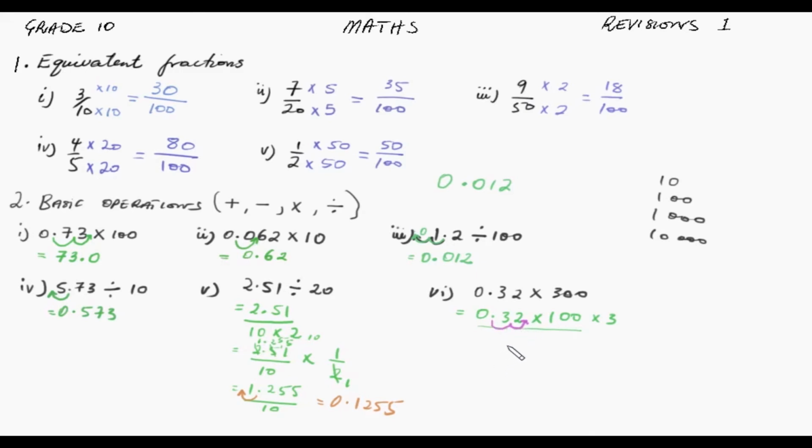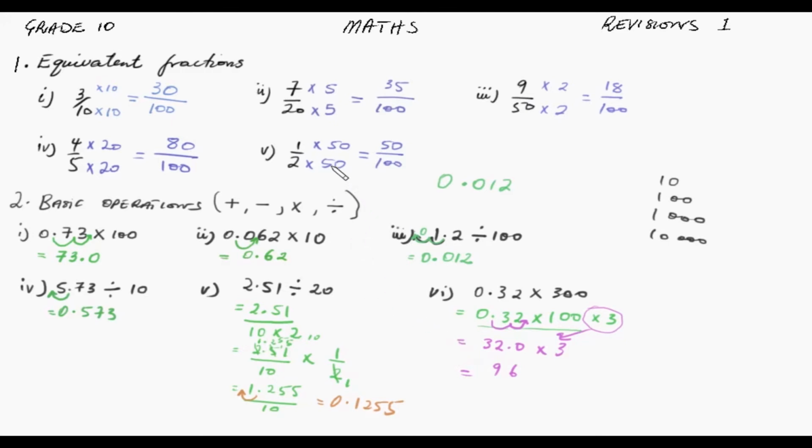So you have 32.0 times 3. We are done with 100. Now we bring down the 3. Don't forget this. Times 3. We bring it down here. So here it's easy. 3 times 0 is 0. 3 times 2 is 6. Then 3 times 3 is 9. So the answer is 96 here. That's how you do this one.